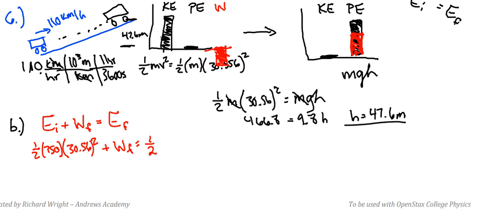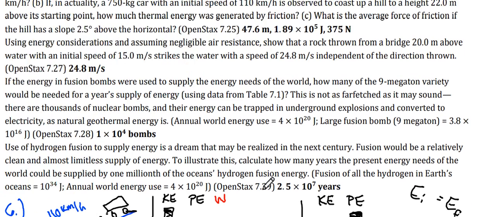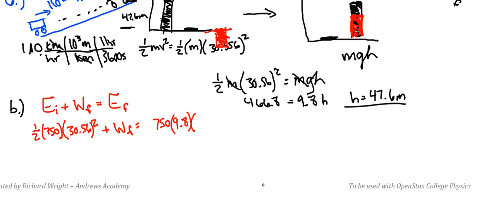It's potential energy at the end, mass, 750, times gravity, 9.8, times the height, which says instead of 47.6, this thing only goes up 22 meters. And now we just solve.